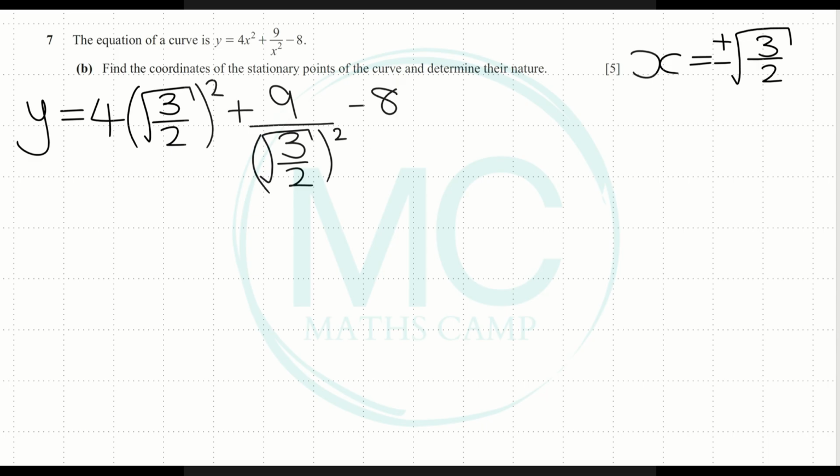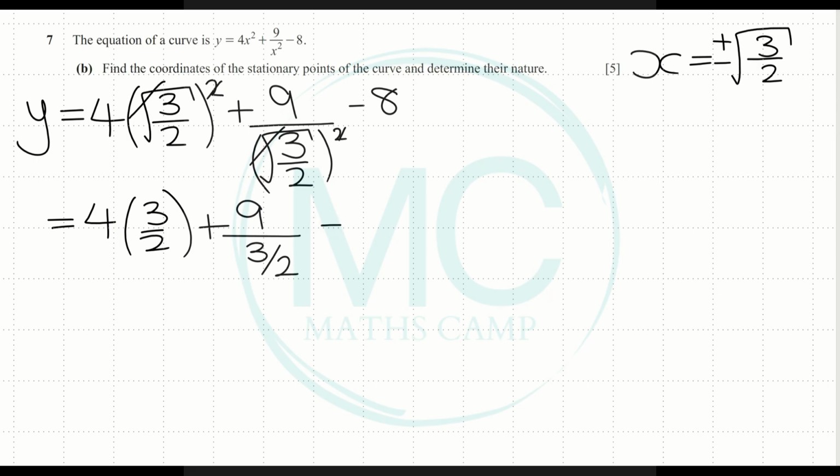When you have a square root and a square, they cancel each other out. So this becomes 4 multiplied by 3 over 2, plus 9 over 3 over 2, minus 8.